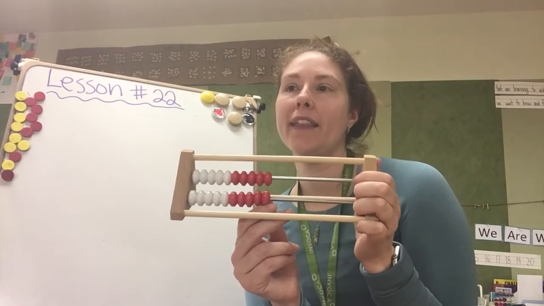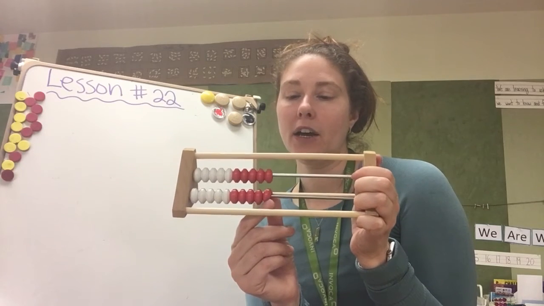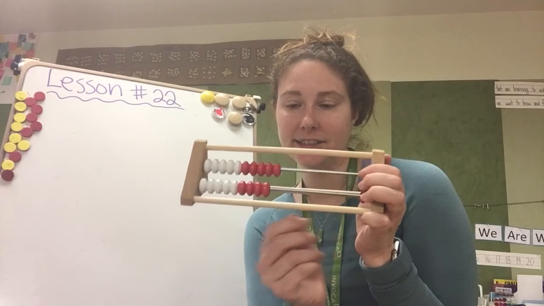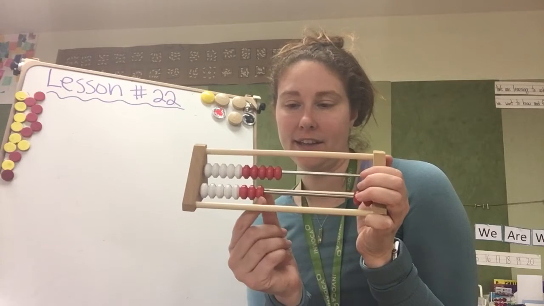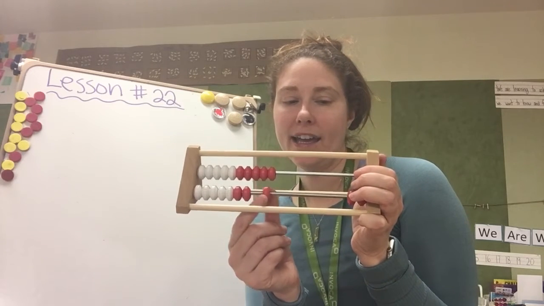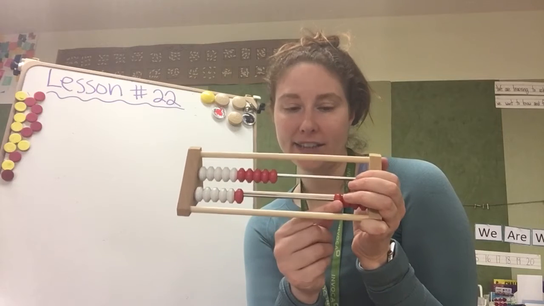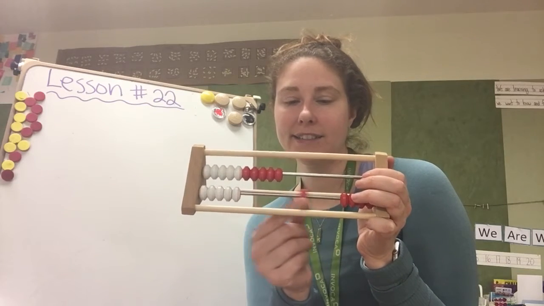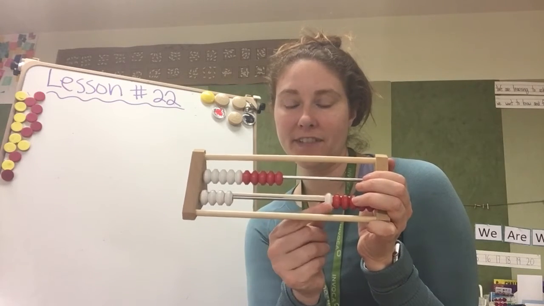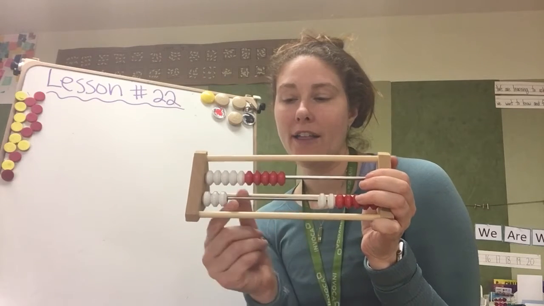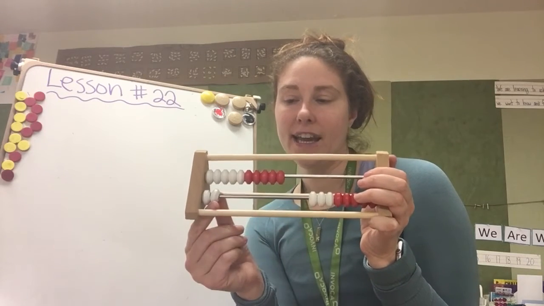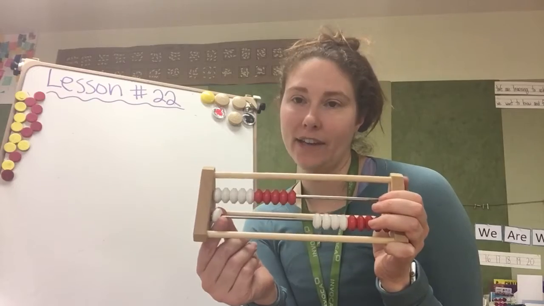Okay, now let's try that backwards. So 2 10s, 19, 10, 8, 17, 10, 6, 15, 10, 4, 13, 10, 2, and 11.